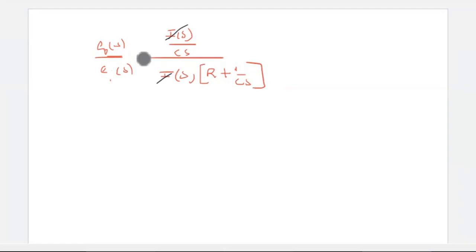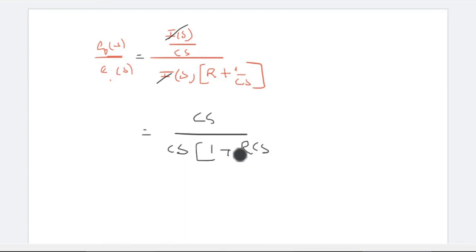Then take the LCM. By taking LCM, we get Cs in the upper part, and in the denominator 1 plus RCs.